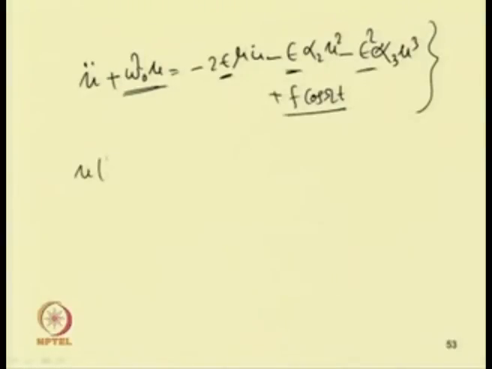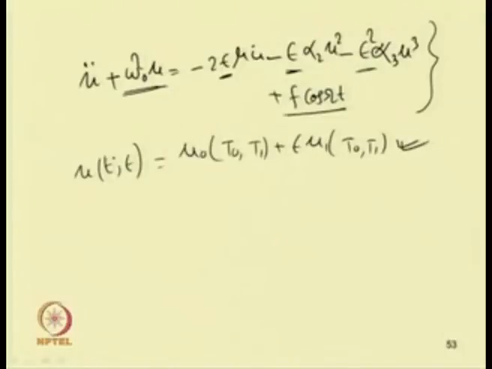So, in this case, by proceeding in a similar way, taking u of t, epsilon equal to u 0 of t 0, t 1 plus epsilon u 1 of t 0, t 1, one can see that one can obtain the resonance condition when omega 0 is nearly equal to 2 omega or omega 0 is nearly equal to half omega.